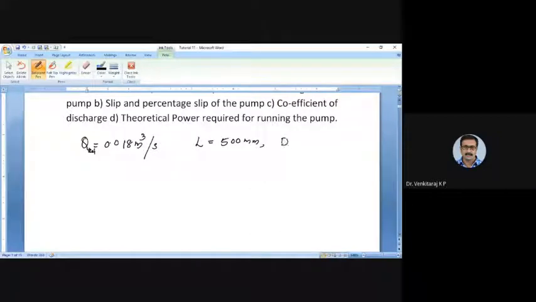Then bore diameter, cylinder diameter is 220 millimeter. Then total head of the pump, that is total lift H, the head against which the pump has to work, is 15 meter.